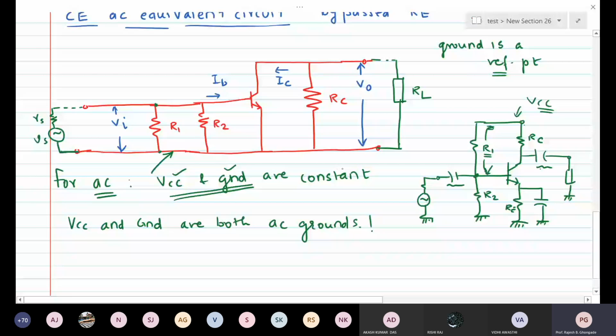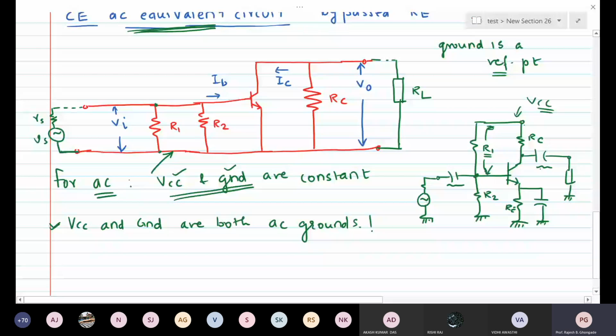So we can say that this circuit is called the AC equivalent circuit. How the AC signal will see the circuit. Okay, let us have a look at the output side. At the output side, one end of RC is connected to the collector.